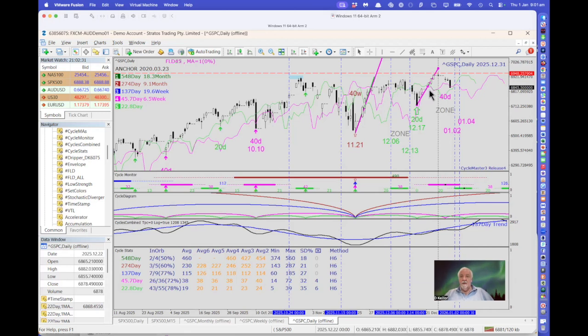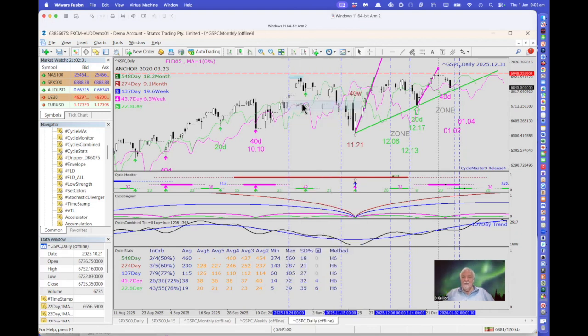The other thing that we can put on here is a valid trend line, from the low back on the 21st of November, which is our 40-week low, through the 20-day low of the 17th of December. When that valid trend line is broken to the downside, if it's broken to the downside, that will confirm that the 40-day high is in.